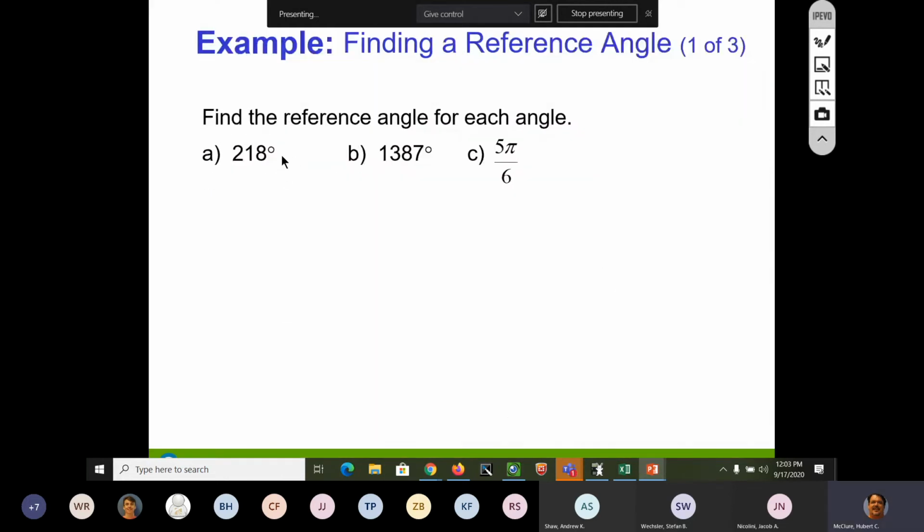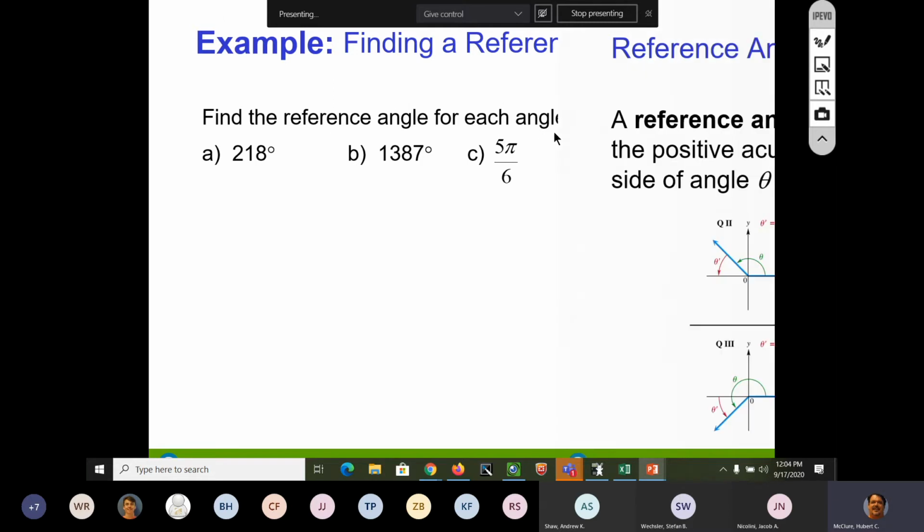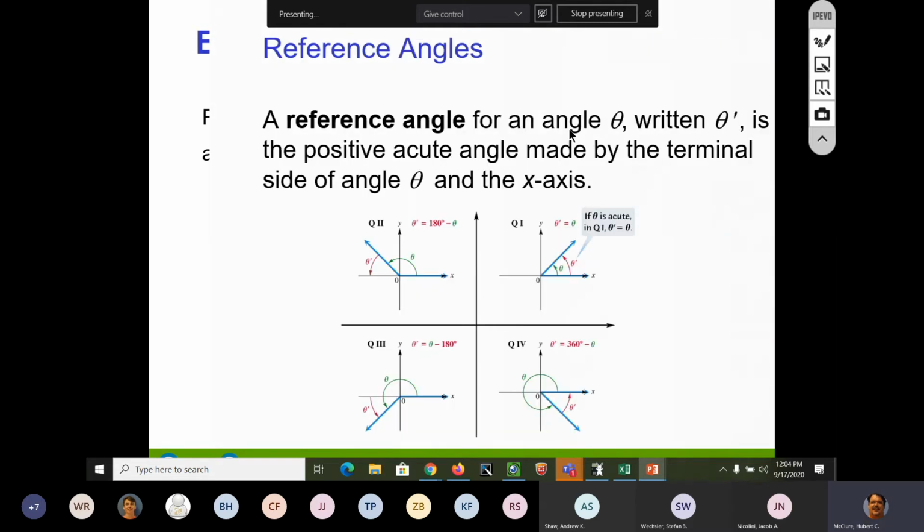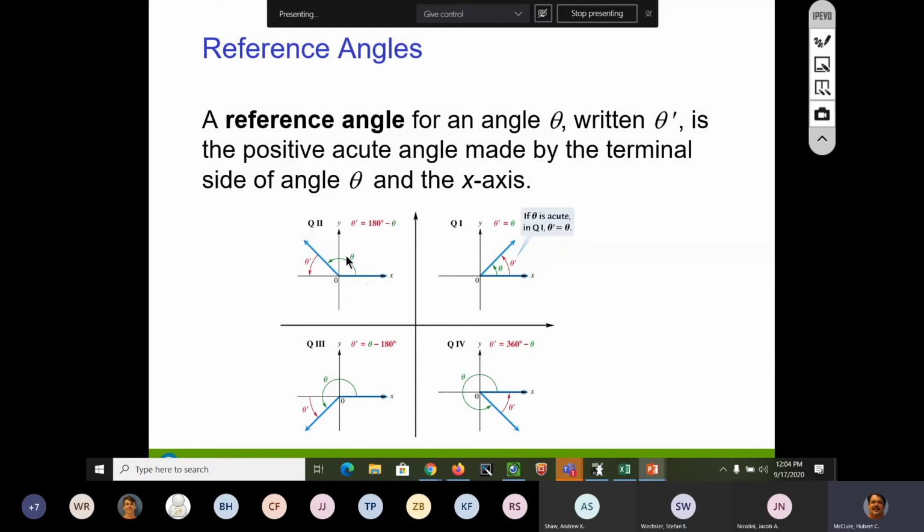Find the reference angle to 218 degrees. Well, that's simple. Let's turn back one. Remember, in academia, the left-handed angle is where you turn from.